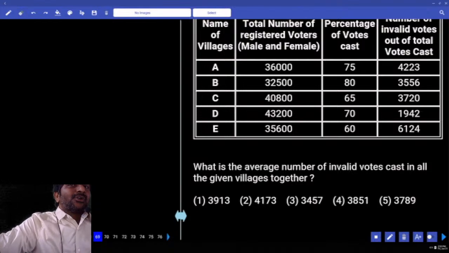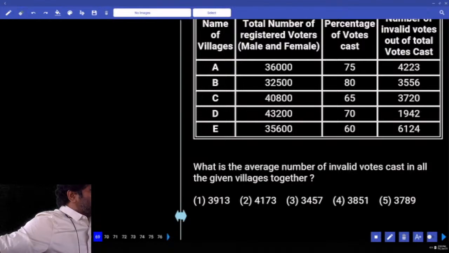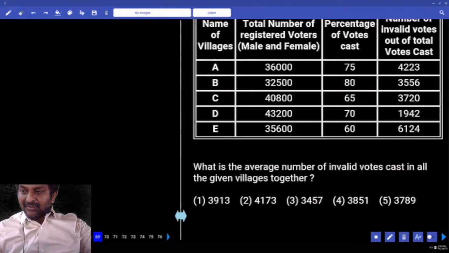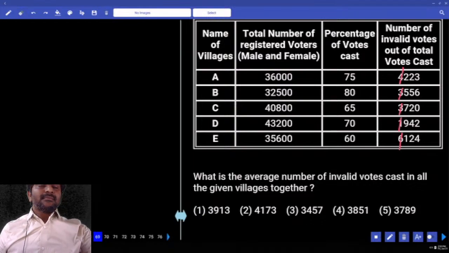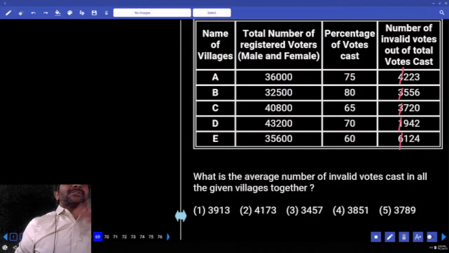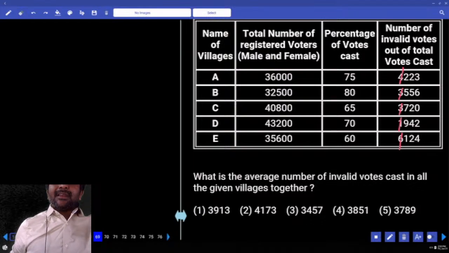For 5 numbers, total must be 15,000, right? Let me first concentrate only on thousands places. 4 plus 6. 10 plus 6 plus 1. How much we need? 3,000 per number. There are 5 numbers. Total we need 15.